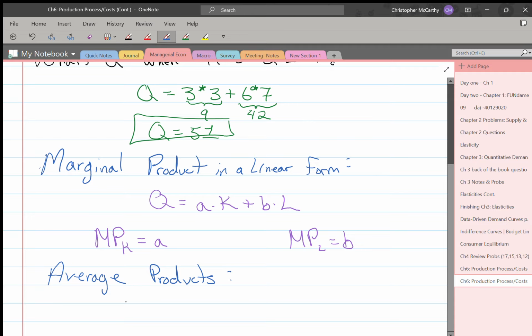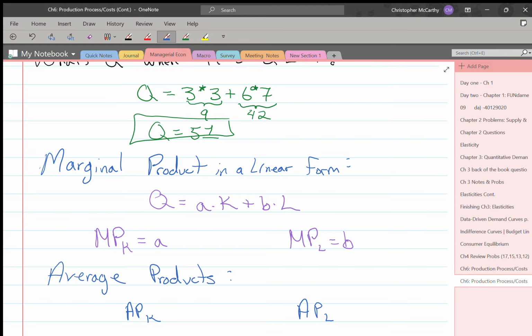So what's the average product of capital and what's the average product of labor? Just the generic form.